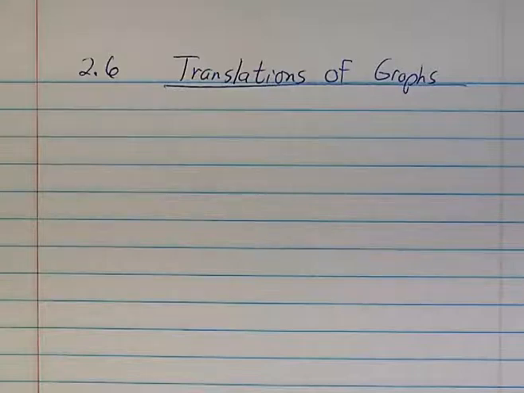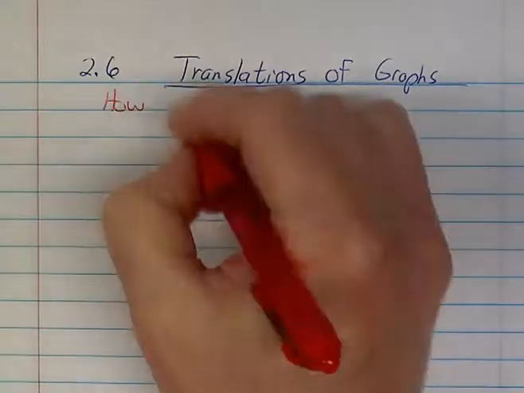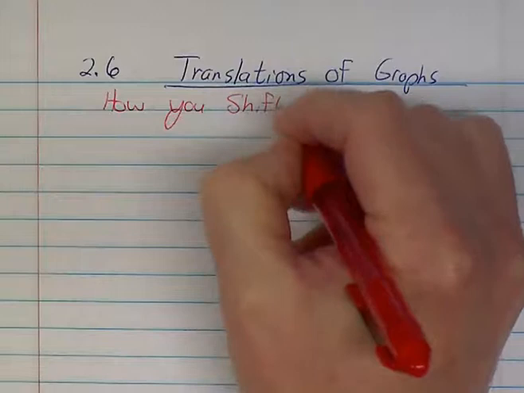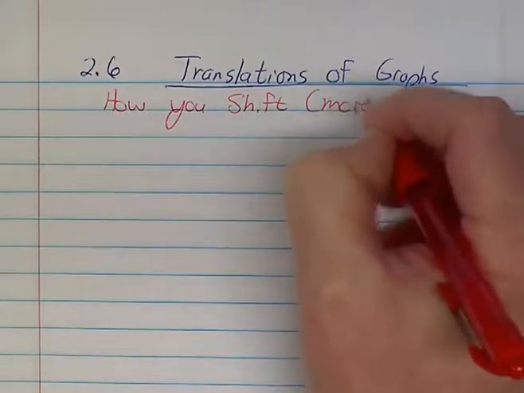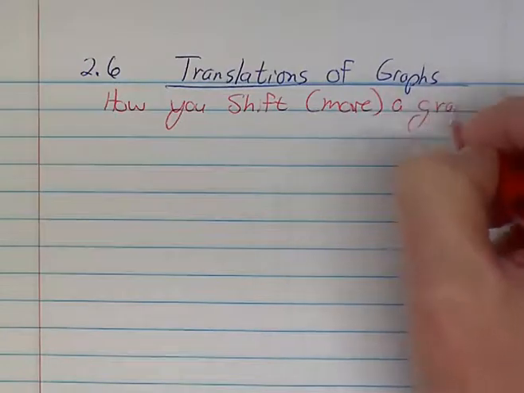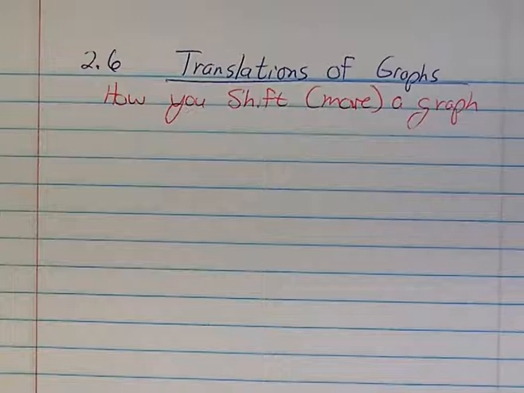All right, translations. If you want to think about what a translation is, this is how you shift or how you move a graph. So when we're talking about translations, this is more of moving it up and down and left and right.